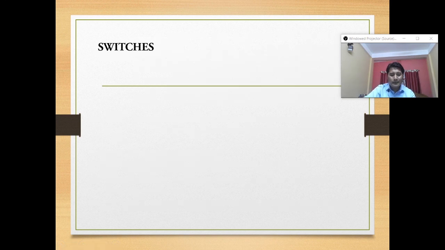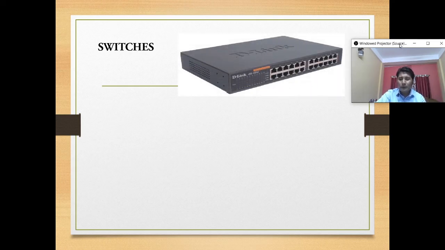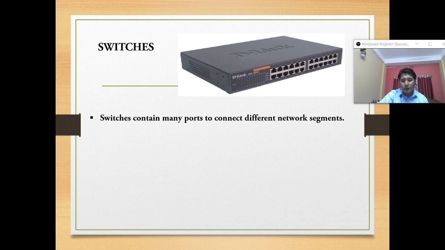Now the next networking device is the switch. So here this is the image of a switch. Now a switch is similar to the hub. It looks like a hub, but it contains more ports. A switch contains many more ports than the hub, because sometimes if you need to connect more devices in the network, you need devices that have more ports.